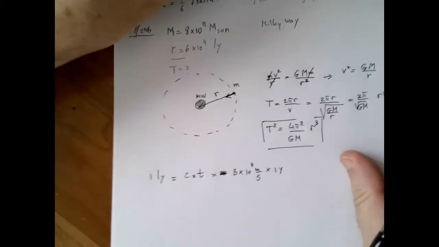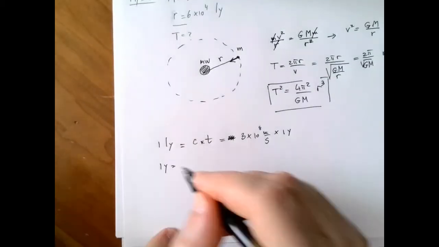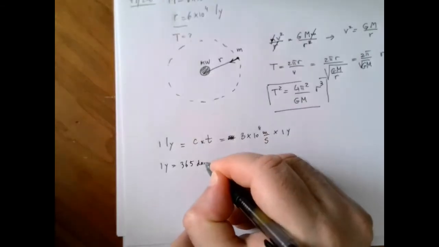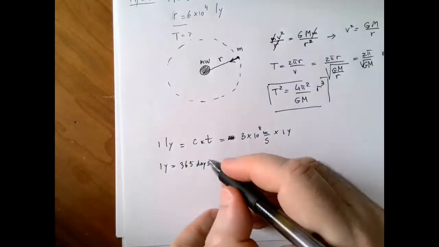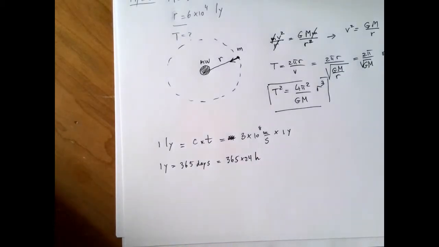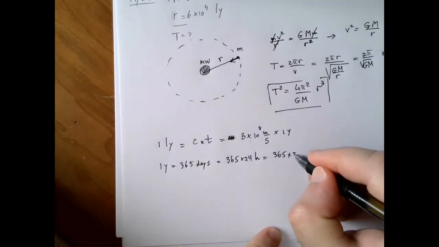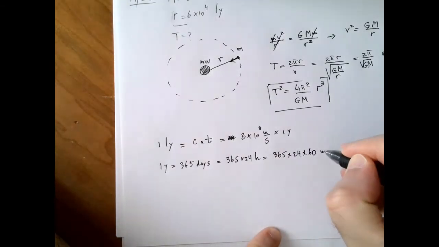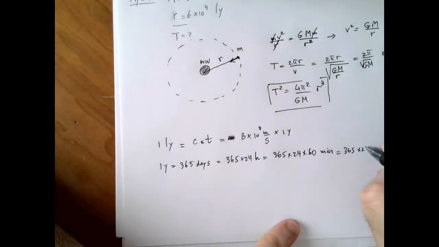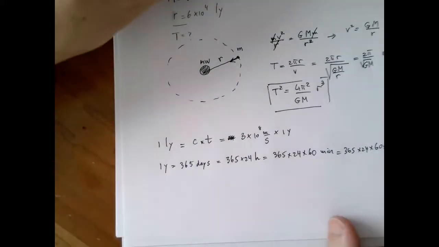But of course we want to convert years to seconds, so 1 year will be 365 days, or 365 times 24 hours, or 365 times 24 times 60 minutes, or 365 times 24 times 60 times 60 seconds.